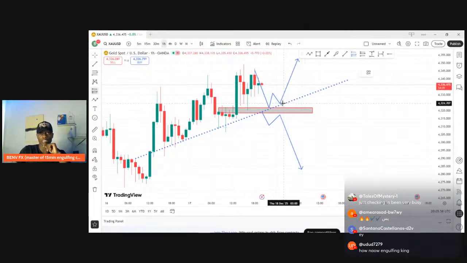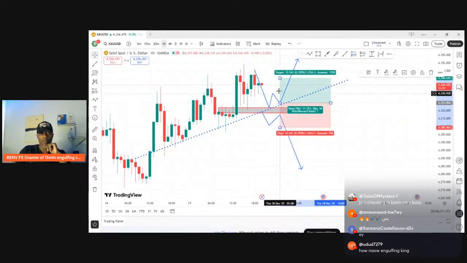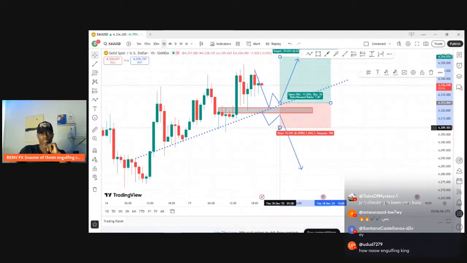But regardless, let's see how it's going to be. Maybe the market will bounce on this particular support level, then we'll ride it up, but your stop loss will be below this support level. The market might spike down to stop everybody out, everybody that bought from this place.